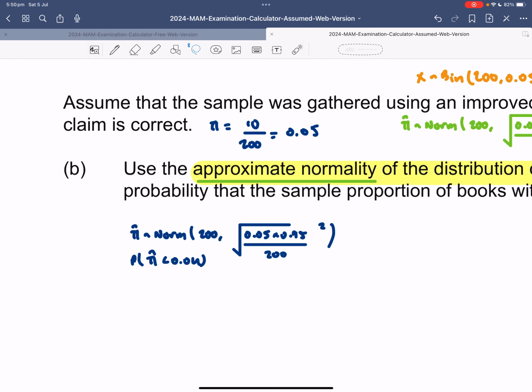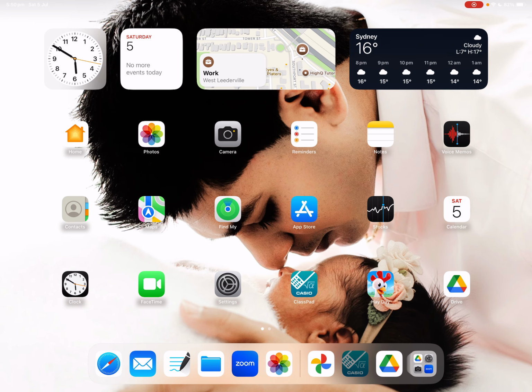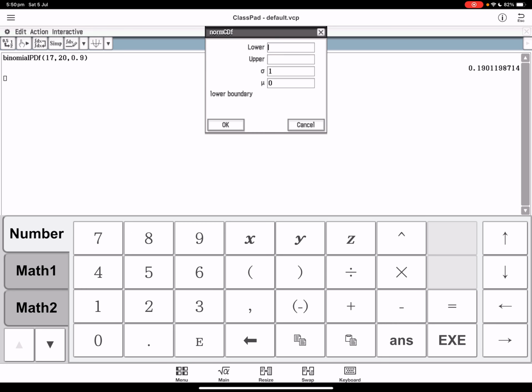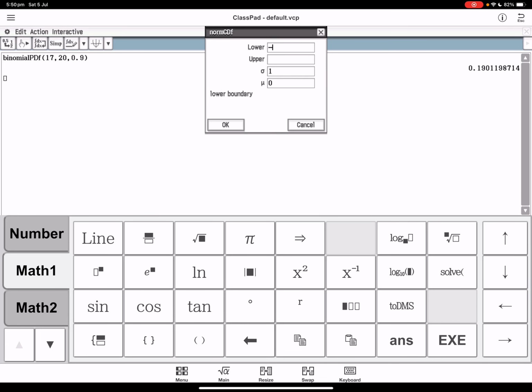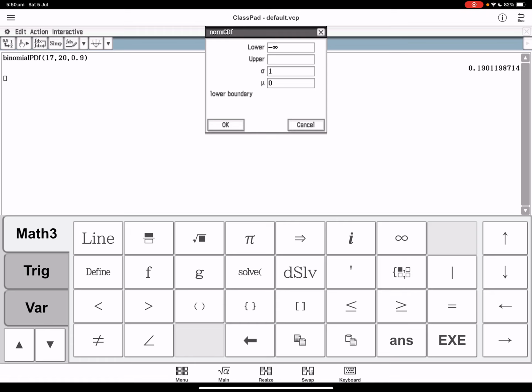Okay, and that goes straight into my ClassPad, into normal distribution. So interactive, continuous, norm CDF. All right, lower boundary, technically negative infinity, which I know makes no sense. How can a proportion be below 0? But we just write down negative infinity.